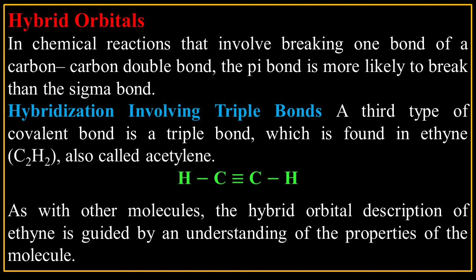Hybridization involving triple bonds. A third type of covalent bond is a triple bond, which is found in ethine, C2H2, also called acetylene. As with other molecules, the hybrid orbital description of ethane is guided by an understanding of the properties of the molecule.